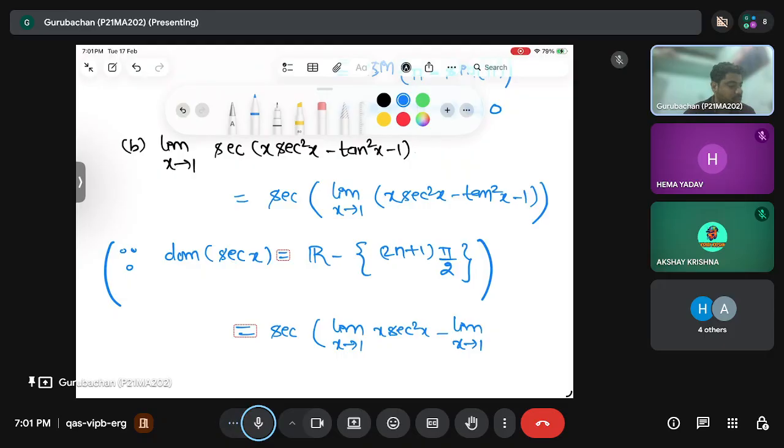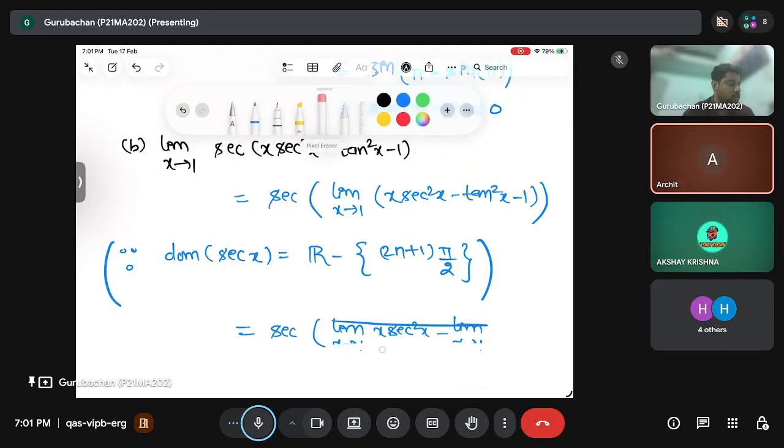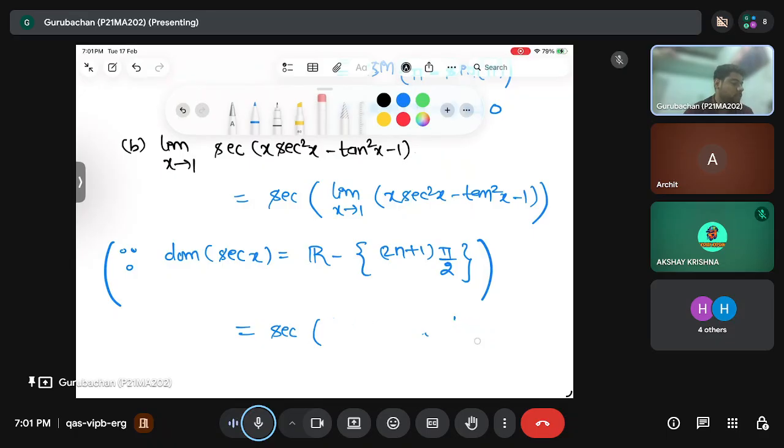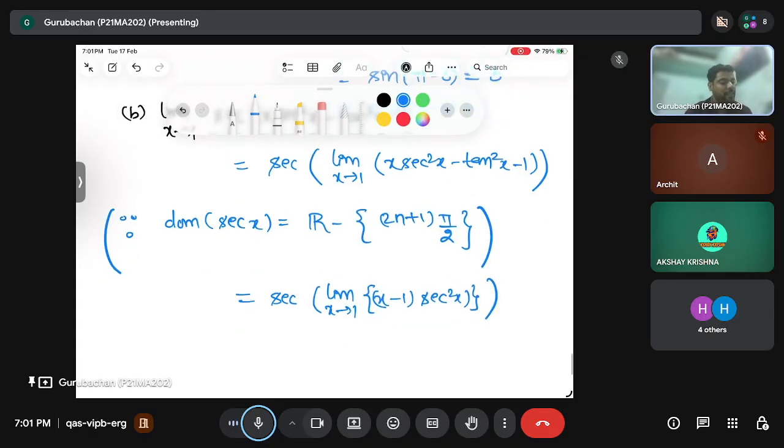Sec square x. So this is x times secant square x minus 1 times secant square x. Can I write like this? Yes, sir. So this is the function where you have to apply the algebra of continuity.